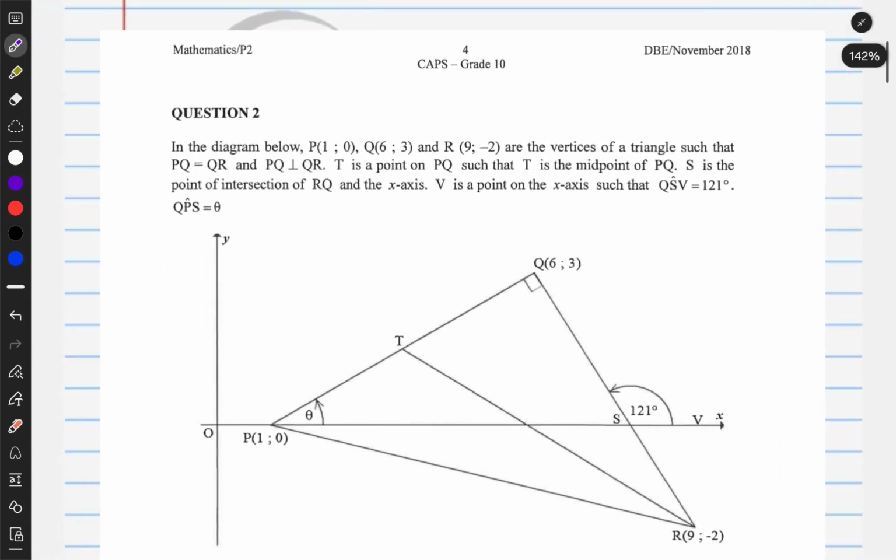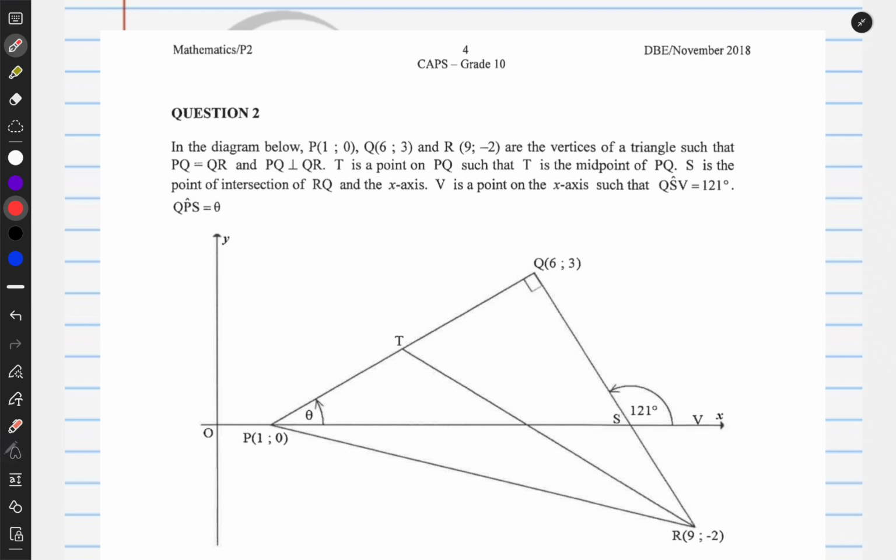Okay, so let me just zoom in so that we can see the statement. For question 2, the statement reads as follows. In the diagram below, P, Q and R are the vertices of a triangle such that PQ is equal to QR, meaning the distance from P to Q is equal to the distance from Q to R. So the length of those two are equal, and PQ is perpendicular to QR, as we can see by that 90 degrees angle there.